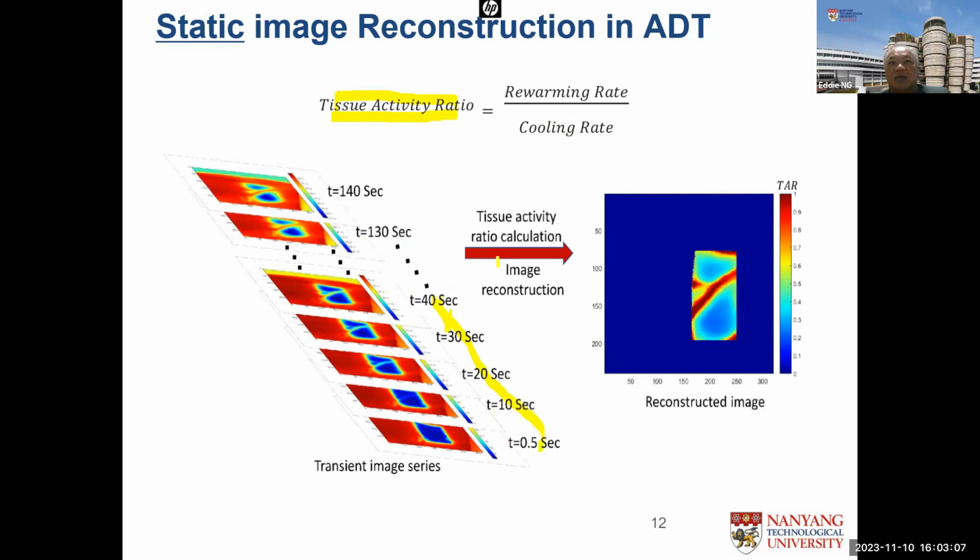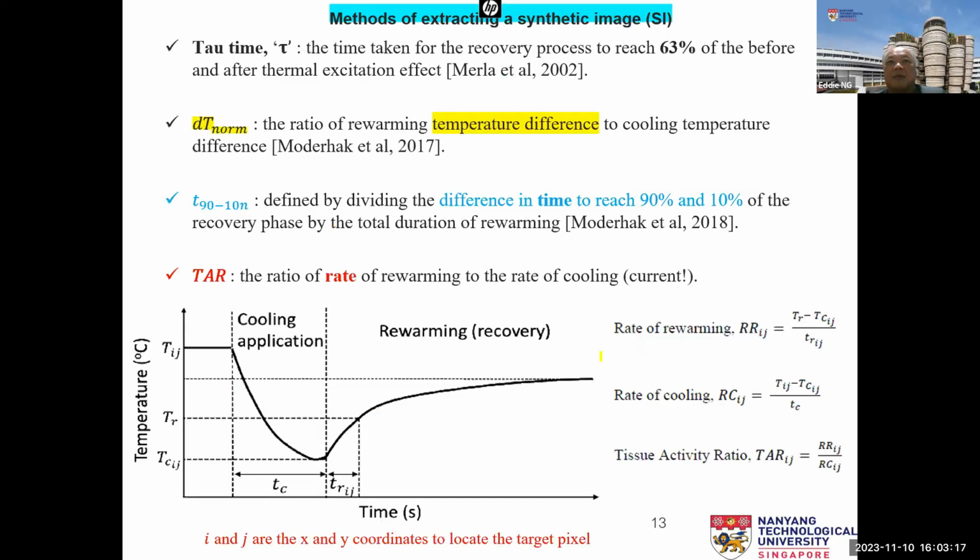So we do the tissue activity ratio calculation, then the image construction, and reconstruct the image. Then we can see the path of the vein for puncturing purposes. Again, please read through our article, and you can find out how we define the rate of rewarming, the rate of cooling, and the tissue activity ratio using all these graphs.